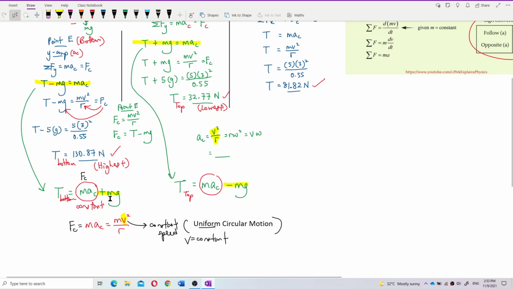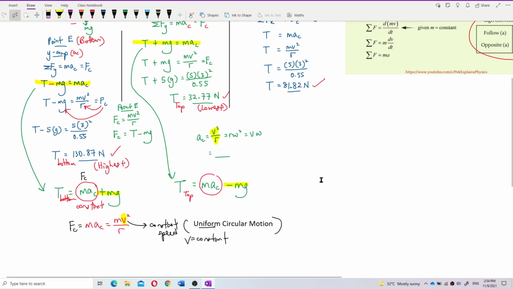You see that? Tension at the bottom is the highest because of plus mg, when negative mg goes to the other side, it becomes positive mg. Mac is constant. So the difference is just plus mg and negative mg. That is what makes the tension a different value between the top and the bottom.